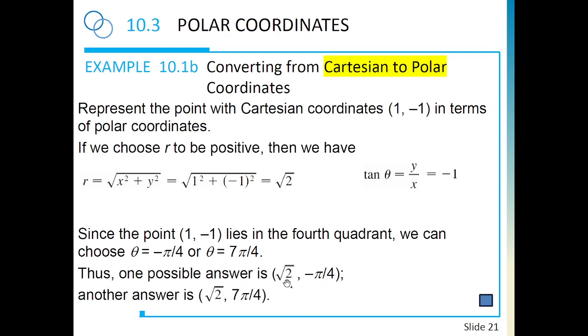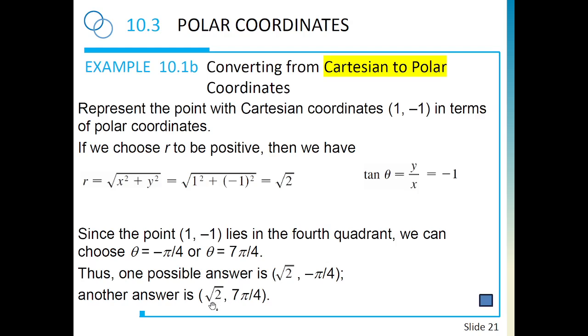But you see here, because my r is positive, I'm just making sure that my angle fits with the fourth quadrant. So this simplifies my life. Now from this point on, I can rewrite this in 10,000 different ways. Here I have r positive, angle negative.